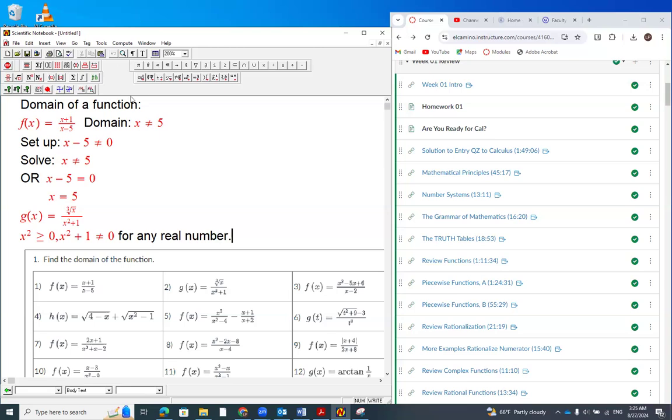As a result, the domain is all real numbers. You can either reply the domain is all real numbers, or if you need to provide some reason, these are the reasons you can provide.